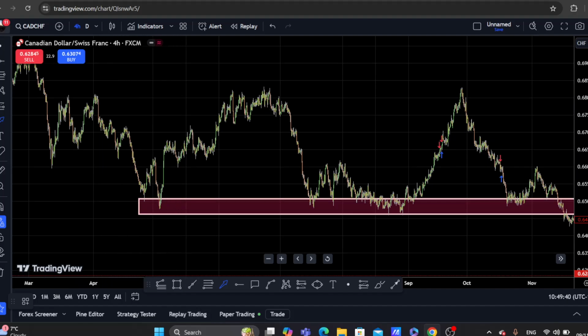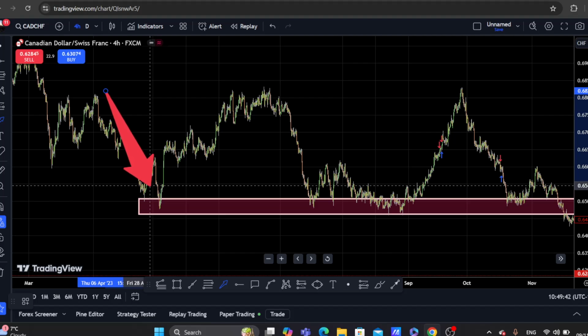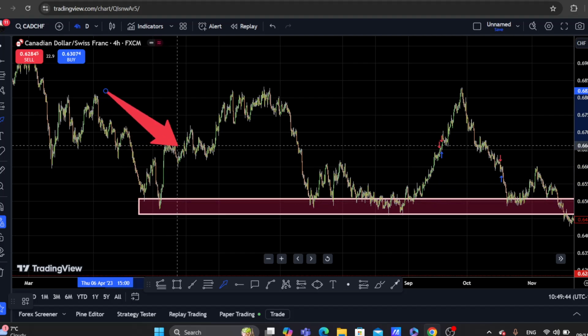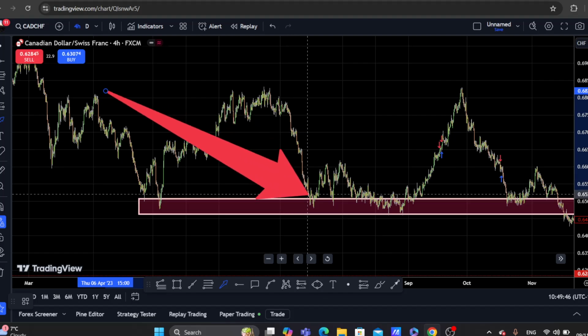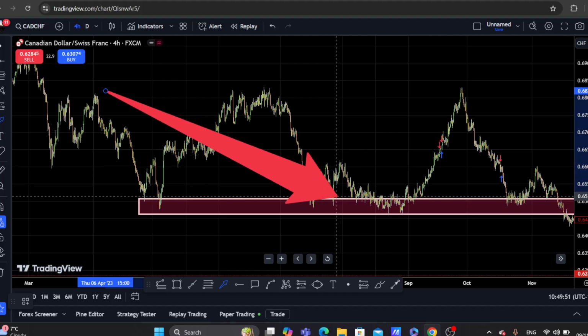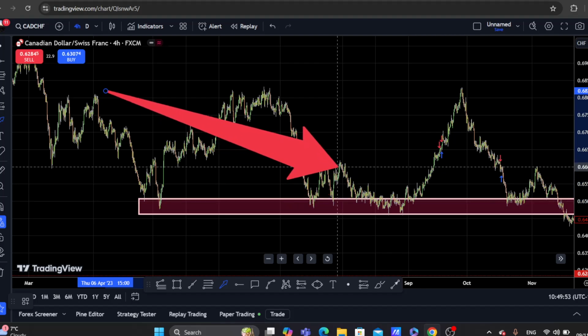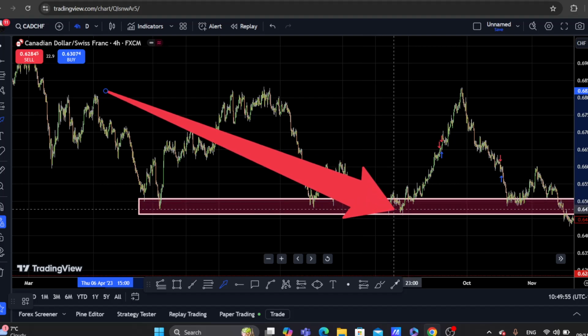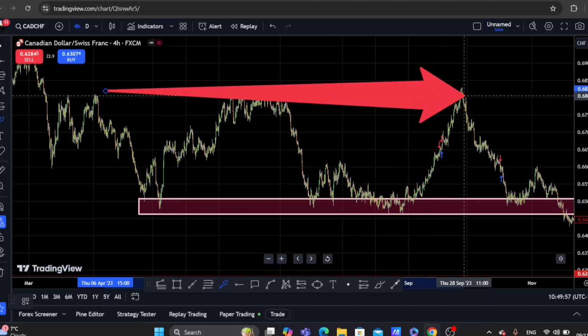When the market was coming down, we got to this price and then we pushed up. We returned, pushed up again, returned again, pushed up, and then came back again, and then we had a big push up.